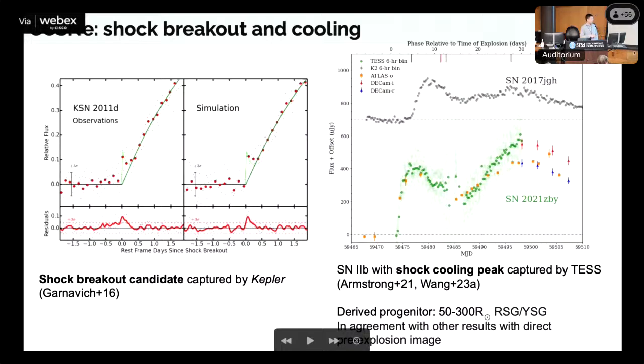That result is comparable to other studies of other Type IIb supernovae at much lower redshift, in which you are able to get some direct pre-explosion images from HST. So we show that with the high cadence light curve, you can give good constraints and extend those redshift limits to a higher range.